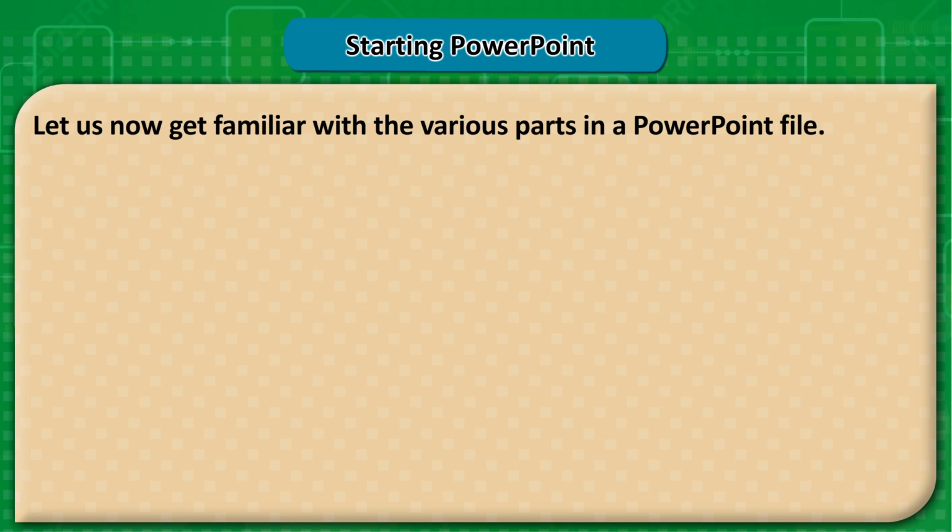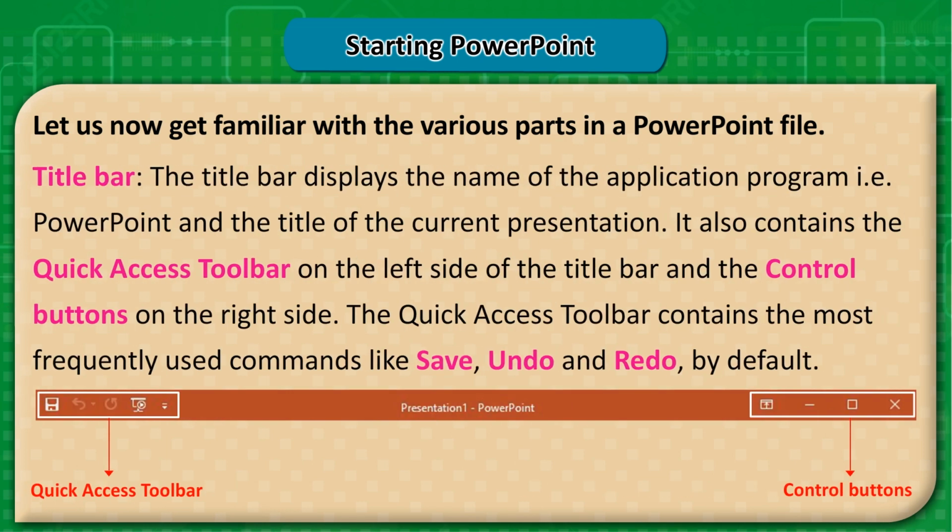Let us now get familiar with the various parts in a PowerPoint file. Title bar. The title bar displays the name of the application program, i.e. PowerPoint, and the title of the current presentation. It also contains the Quick Access toolbar on the left side of the title bar and the control buttons on the right side.